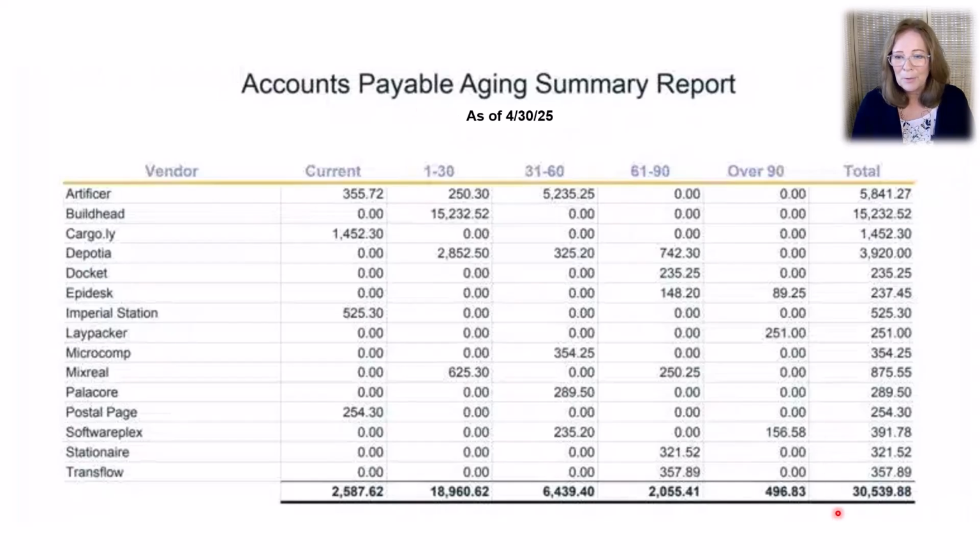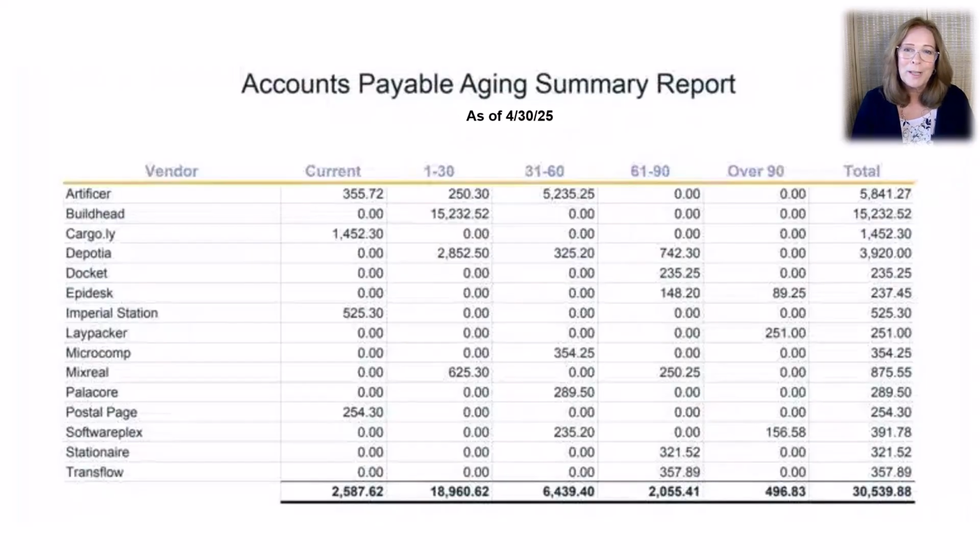For instance, of the $30,539.88 that are due to vendors, $496.83 are over 90 days past due, $2,055.41 are between 61 and 90 days past due, $6,439.40 is 31 to 60 days past due, $18,960.62 is between 1 and 30 days past due, and $2,587.62 is current. The summary report is helpful to get a quick overview of accounts payable by vendor.